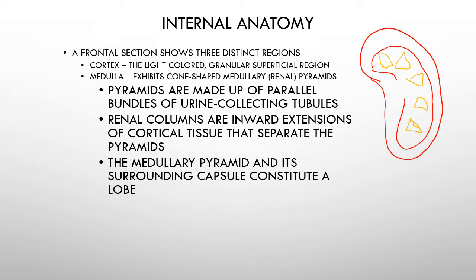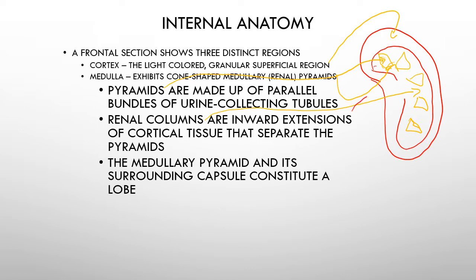And so the pyramids themselves inside there, in between the pyramids, we have the renal columns. Those lie in between those spaces. And then the cortex is the outermost aspect, the medulla being the inner portion to it.